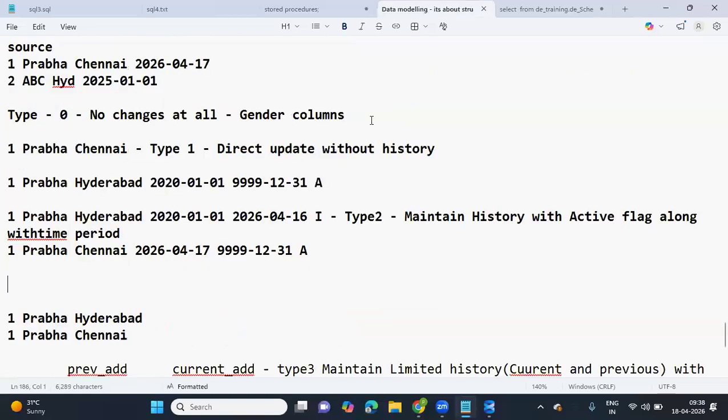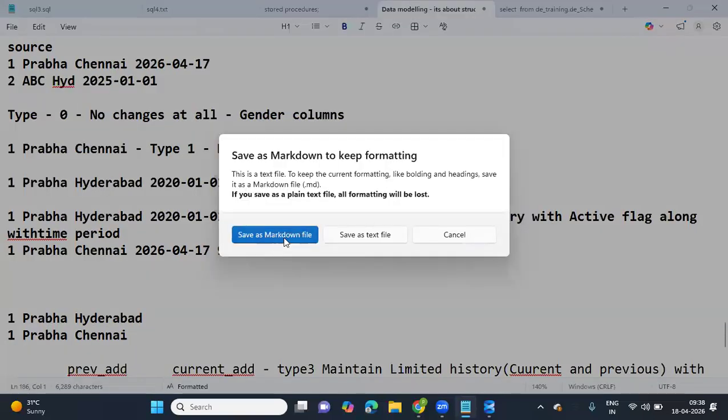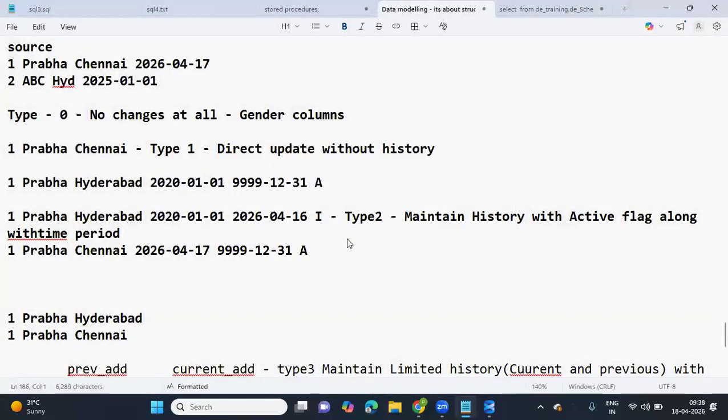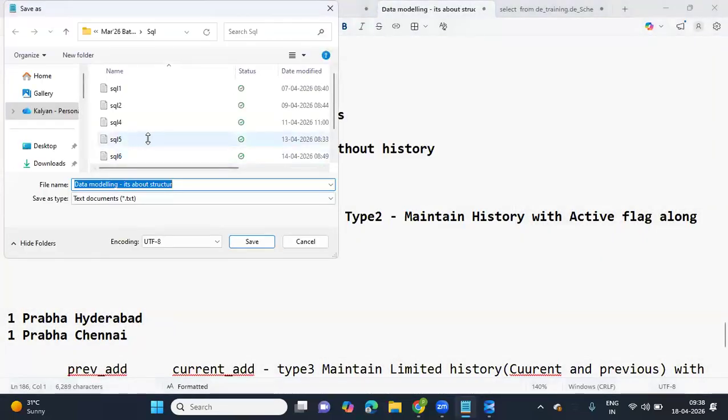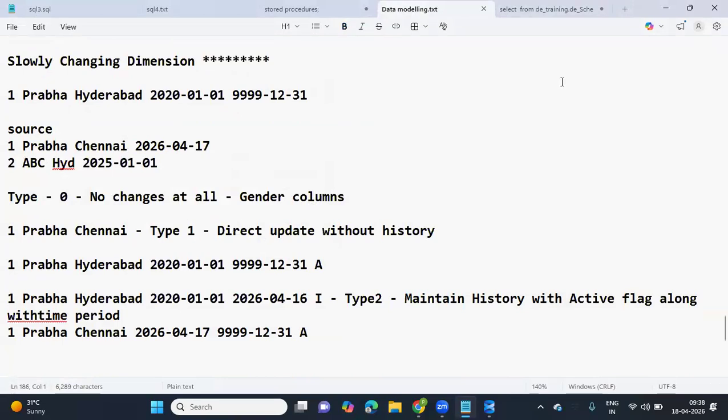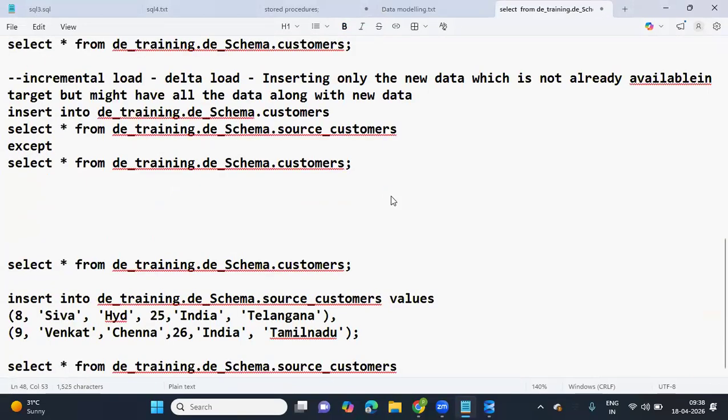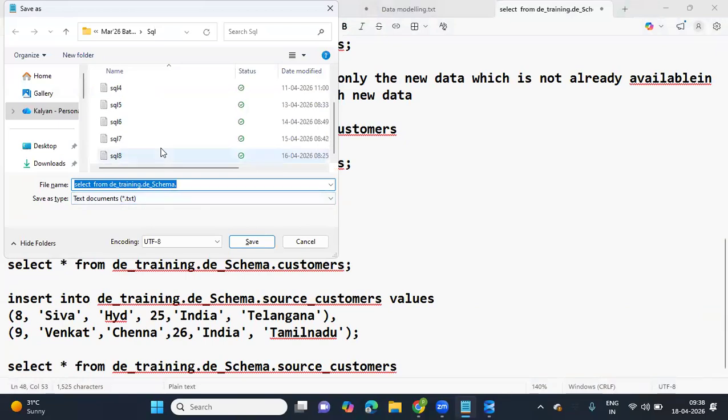Meanwhile, I'll save this data modeling as well, as a text file. Let's save it as SCD and incremental.